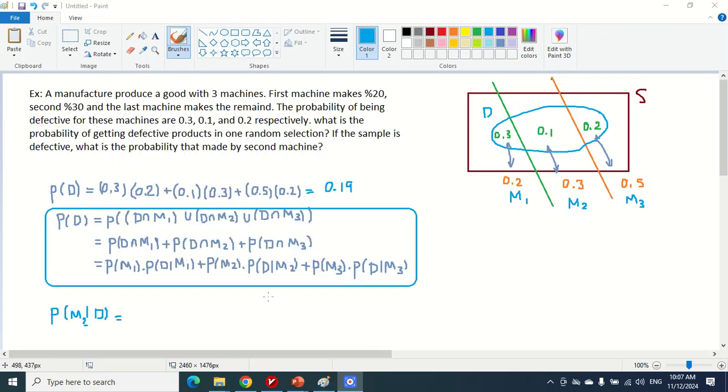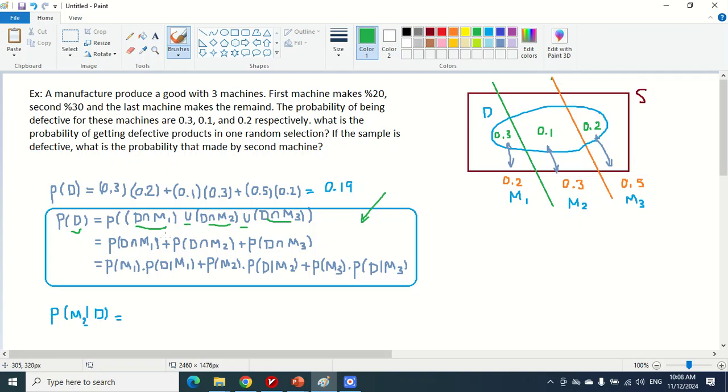So as I said before, by multiplying the corresponding values we can find the probability of a product being defective. If you want to know why we can use this formula, you can see that the event D can be written as a union of the intersections of D with the partitions, and because it's a union, we can use the additive rule.